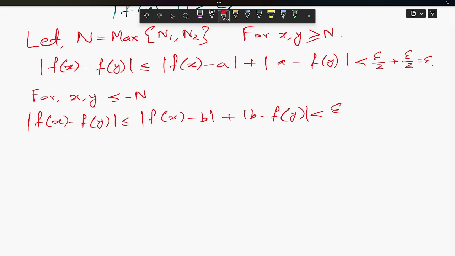That will be less than epsilon by 2 plus epsilon by 2, so that will be epsilon. Thus f is uniformly continuous on minus infinity to minus n. Let me write it here so that it is easier to see. So thus f is uniformly continuous on these two intervals.